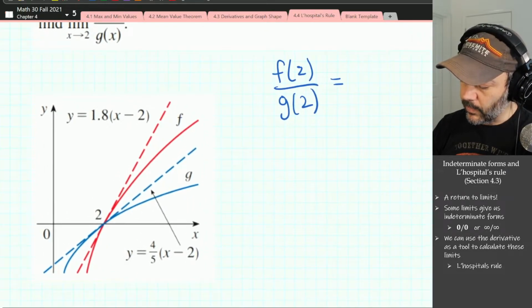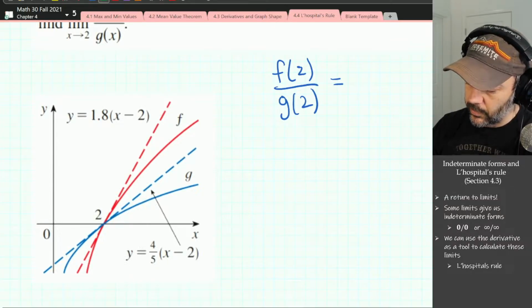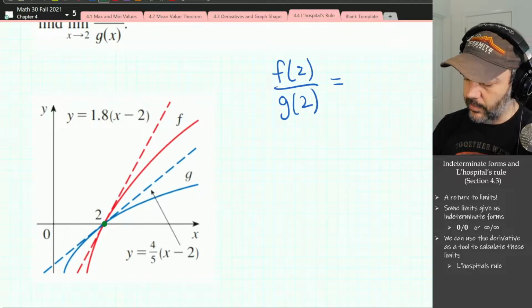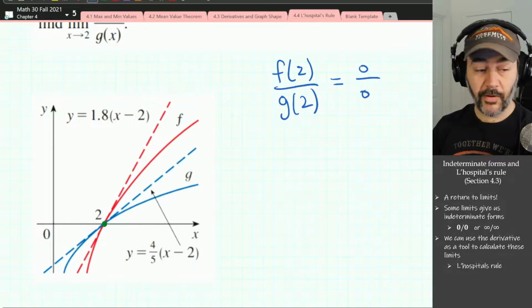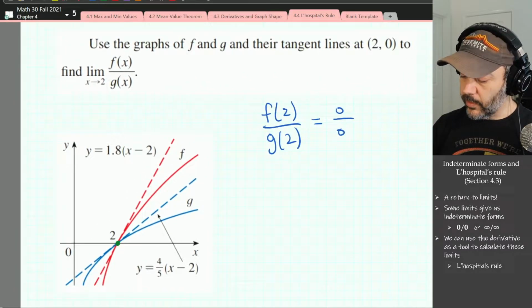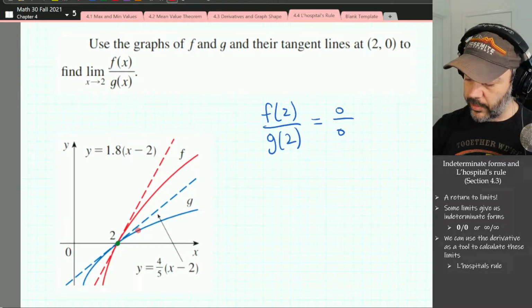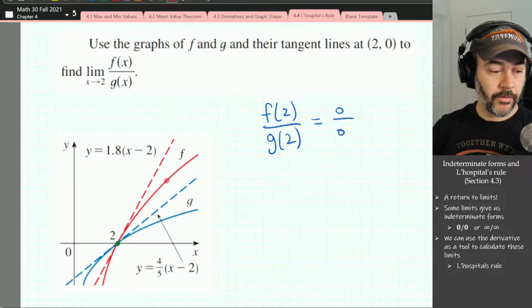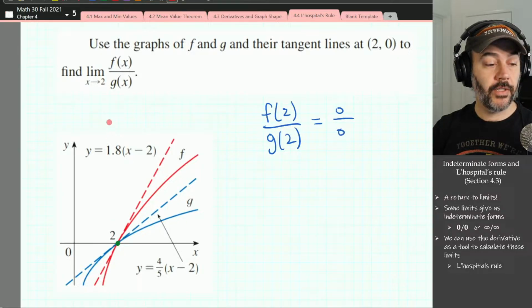Well, this point here is (2, 0). Let me switch colors because they're using blue. So if I try direct substitution, I get 0 over 0. And we can see that the limit of g approaches 0 from the right and from the left. g is the blue graph. f is the red graph. f approaches 0 from the right and the left. f and g both equal 0 right at the same spot at 2.